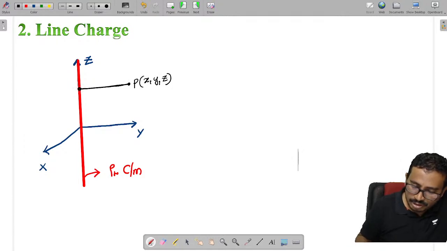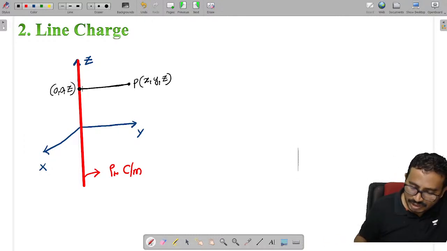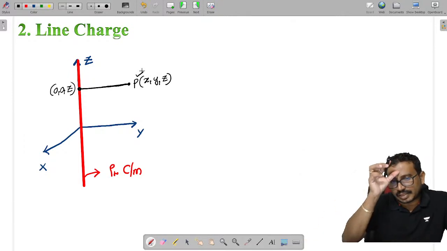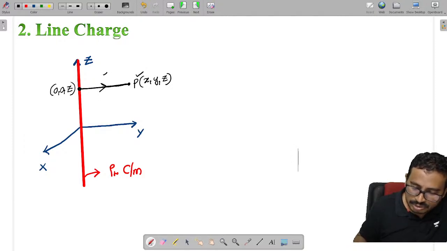Now, can you tell me the coordinates of this point here? This point lies on the z axis, so we can say 0 comma 0 comma z. Now find the distance between these two. Here we are finding the electric field at the point P. Wherever you want to find the electric field, that point is the final point, so my arrow should always be towards the final point.